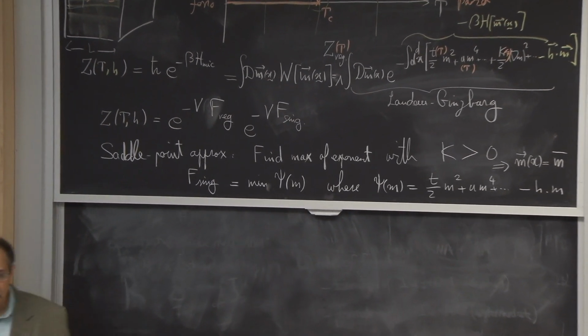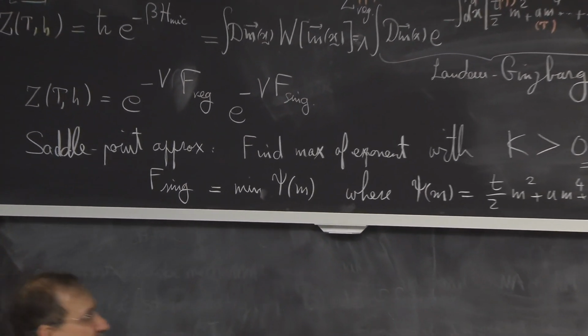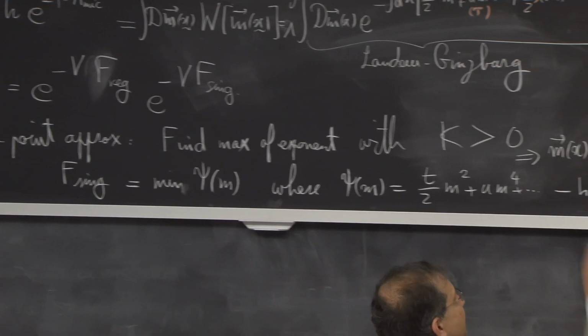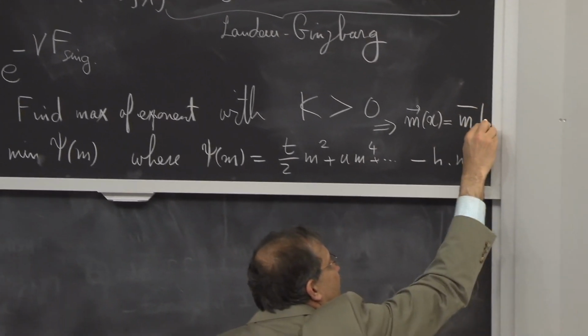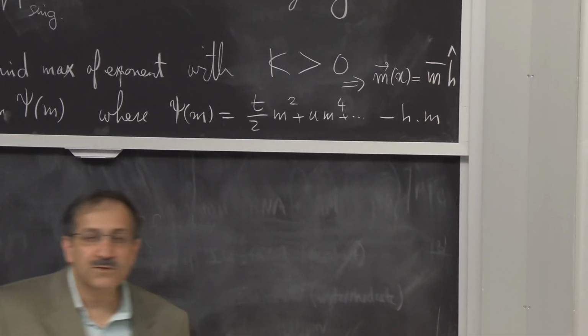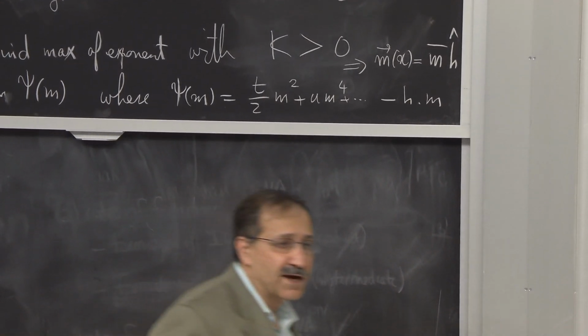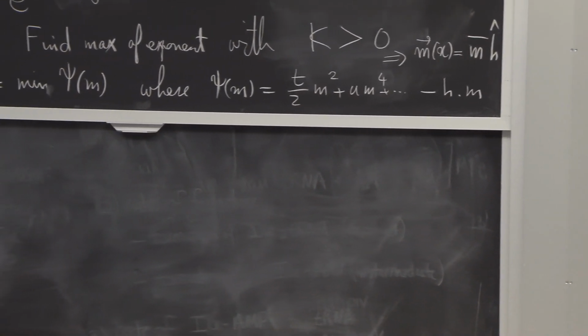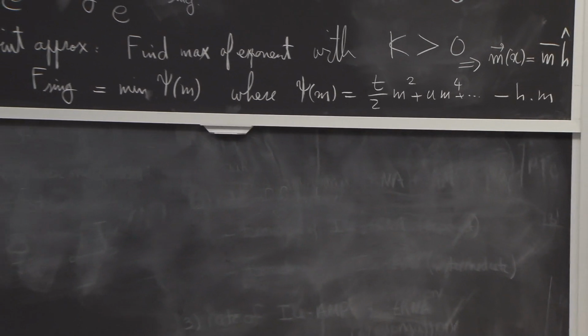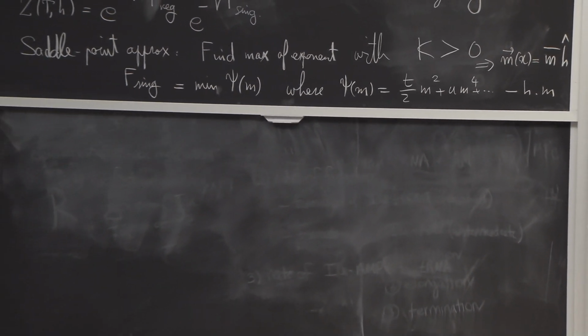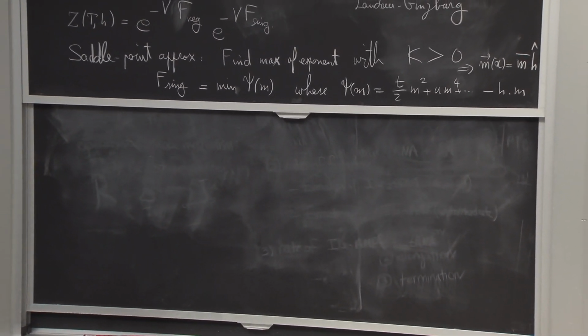Actually, I kind of expect also that the uniform solution, if I put a magnetic field, will point along the magnetic field. If there's an up field, the uniform solution will be along the field. If it's 0, then I don't know. If it is down field, it would be the opposite.